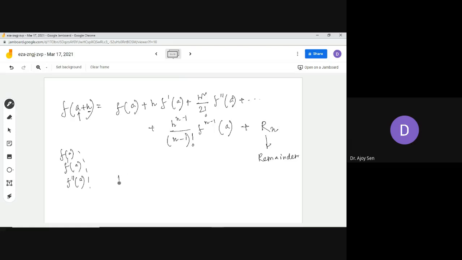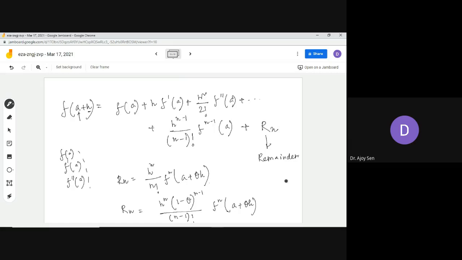This remainder term has actually many forms, but the standard ones are in this way: h to the power n by n factorial, f n of a plus theta h. Or we can have this kind of form: h to the power n, 1 minus theta whole to the power n minus 1 divided by n minus 1 factorial, and f n of a plus theta h.